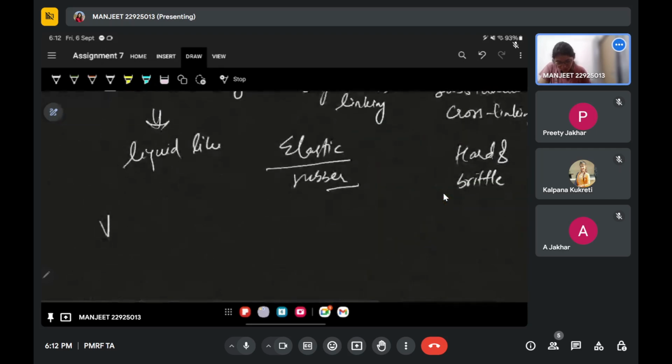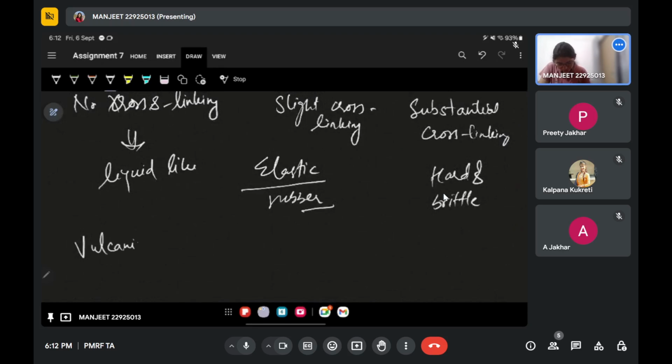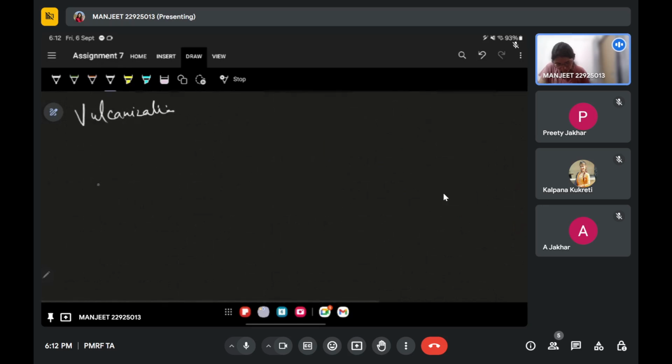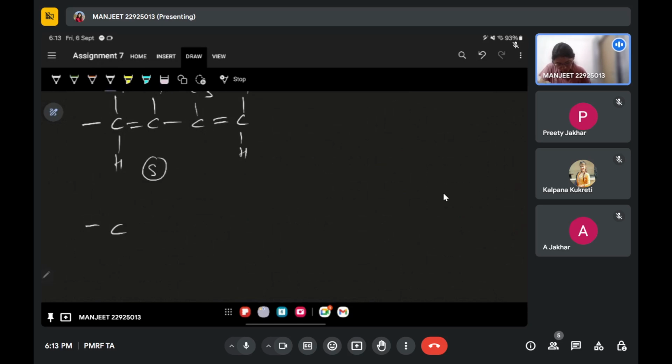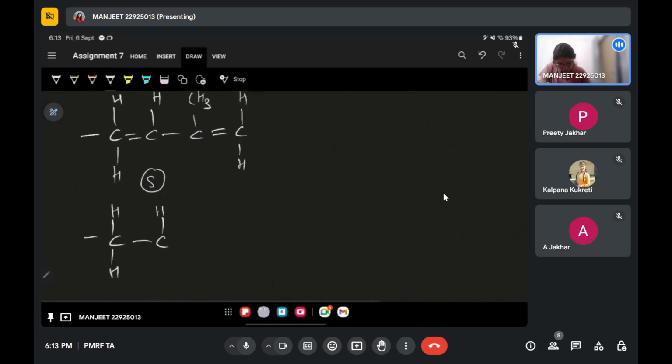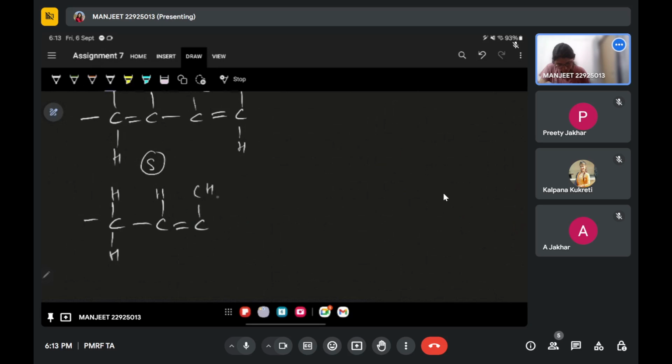We have natural rubber like this. We have CH double bond CH, with a methyl group attached to the carbon, and then we have another unit of the same thing, again with carbon, and the sulfur sitting here.